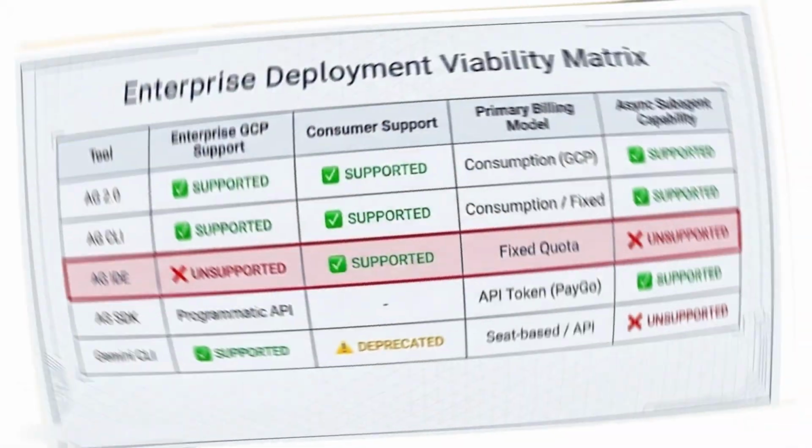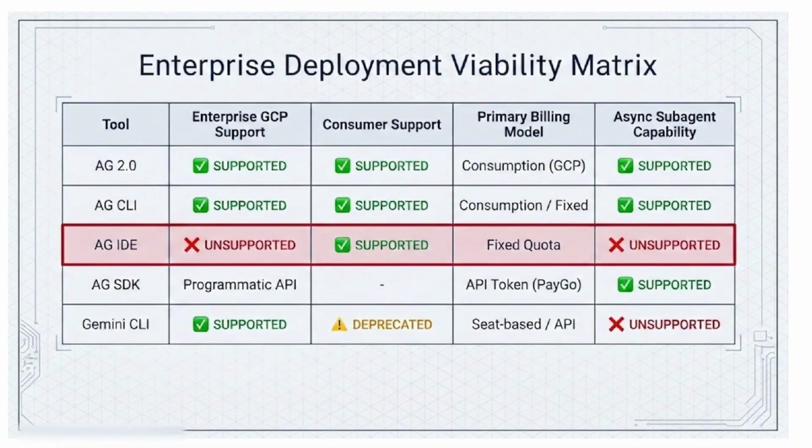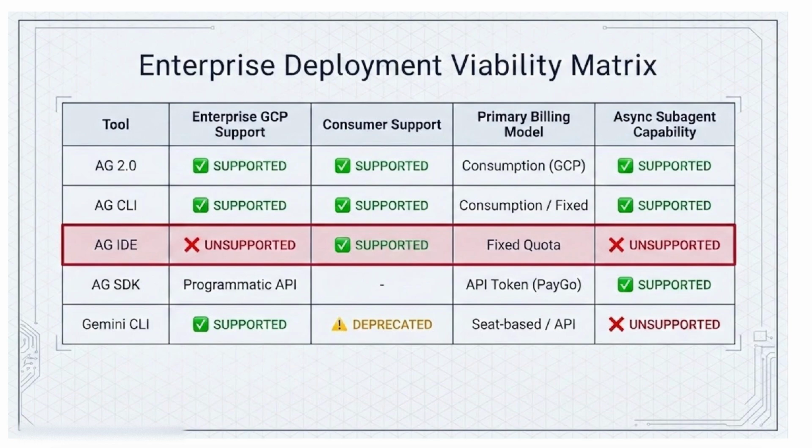All right, let's take a look at this enterprise deployment viability matrix that simplifies your deployment decisions by mapping tools' capabilities to support structures. Our standout observation centers on asynchronous sub-agent capability. Both Antigravity 2.0 and the Antigravity CLI fully support asynchronous sub-agent operations.